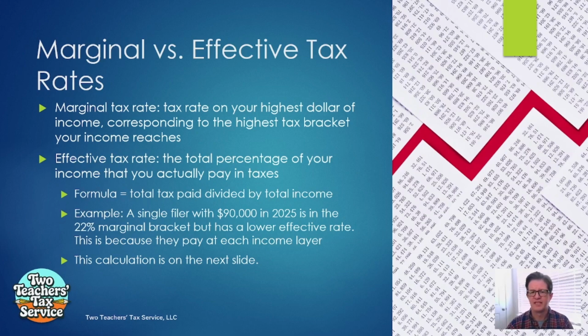So the formula is your total tax paid divided by your total income. In this example, a single filer with $90,000 in 2025 is in the 22% marginal bracket, but has a lower effective rate. This is because they pay at each income layer. Let's look at the next slide.